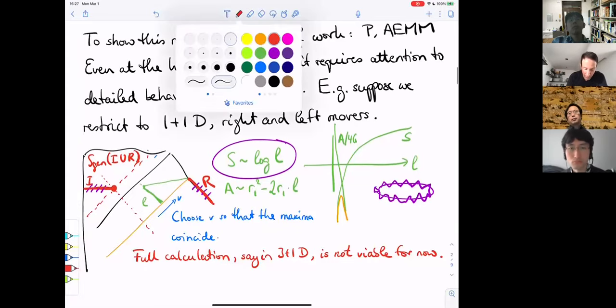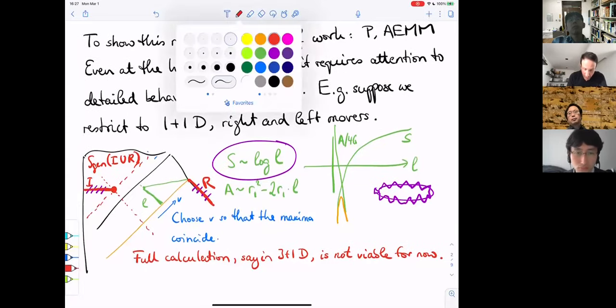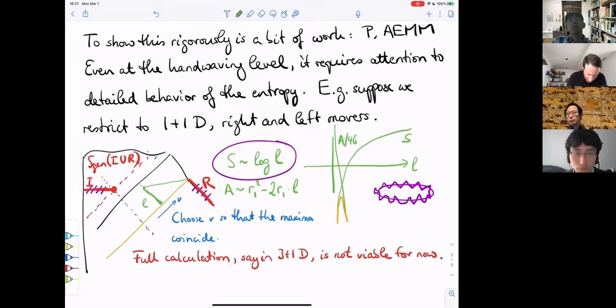It must be the same as the matter entropy in the complement region between I and R. Okay, is that clear?